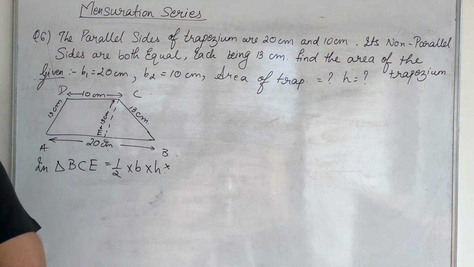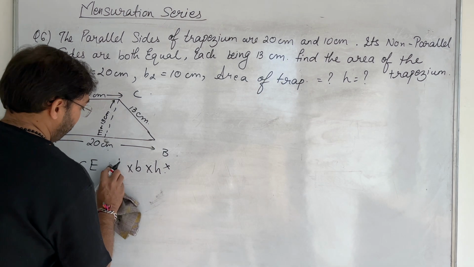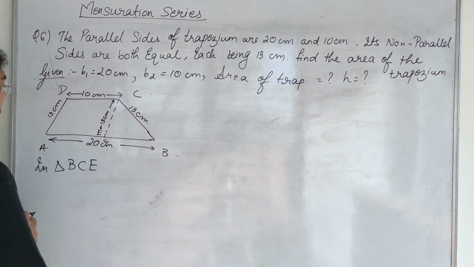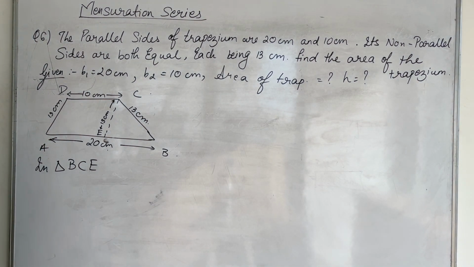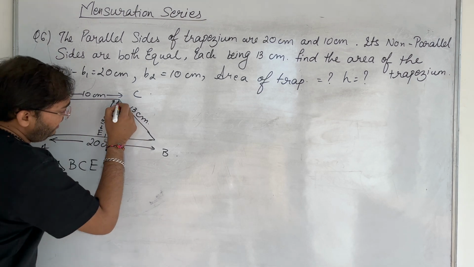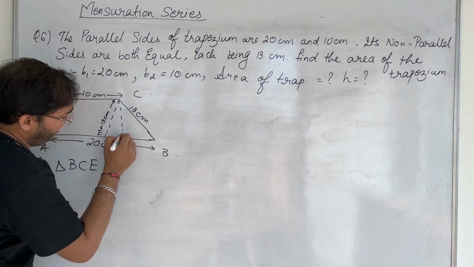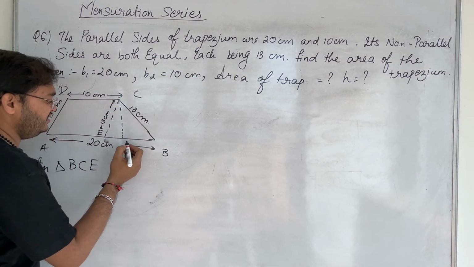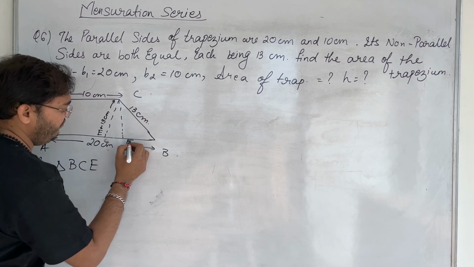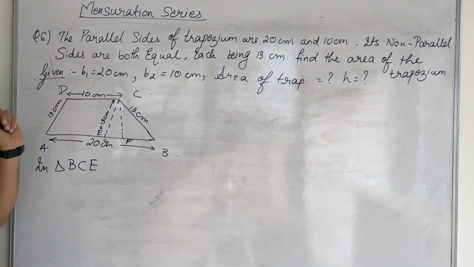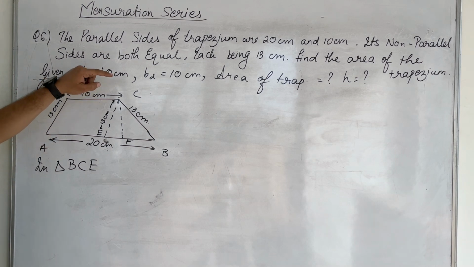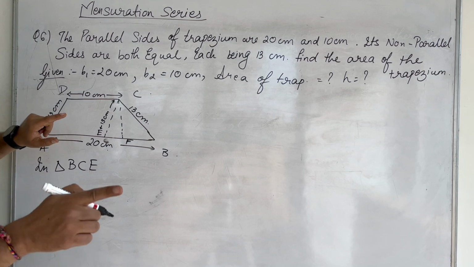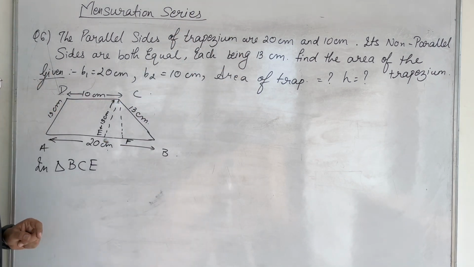We are going to erase this formula, but we'll be taking this triangle, that is BCE. Now, if I draw a height over here, let us take this as F. If I draw the vertical line dropping from the vertex C to the line AB, that is going to be my height, which I need.